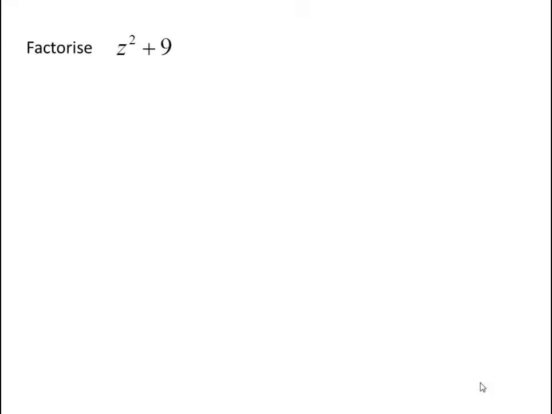We get asked to factorise this one, z squared plus 9. Straight away I look at that and I see that as a difference of two squares, a squared minus b squared. And you remember a squared minus b squared is a minus b, a plus b. You say, hang on a minute, that says plus 9, how does that get to be a minus?